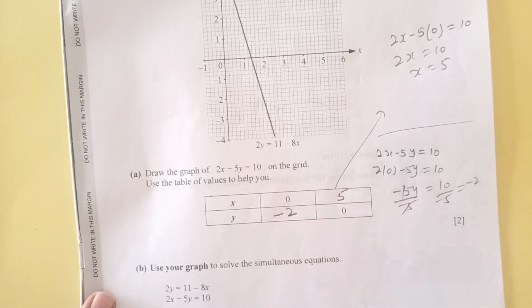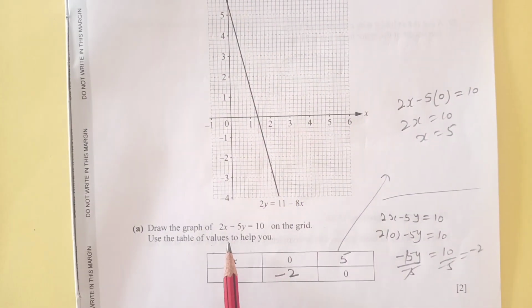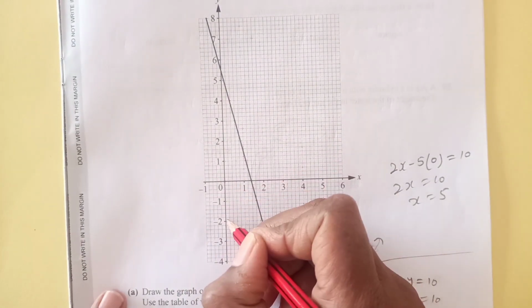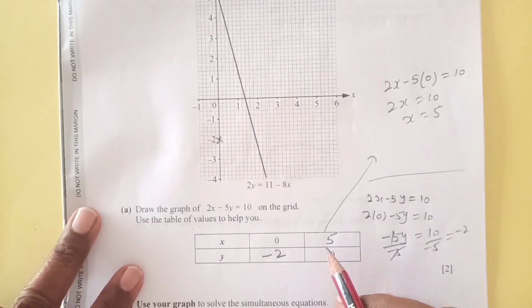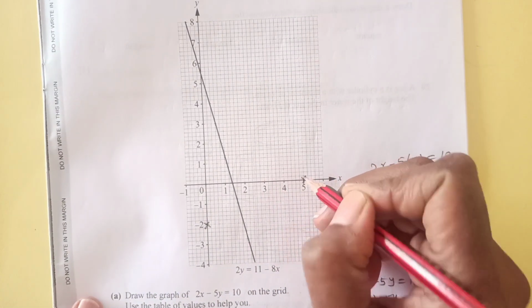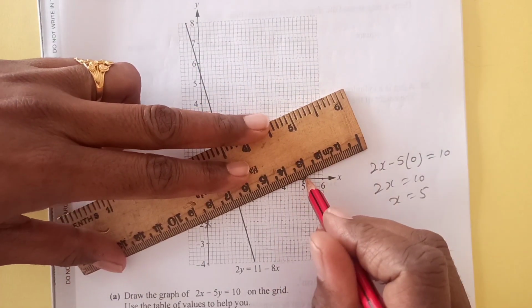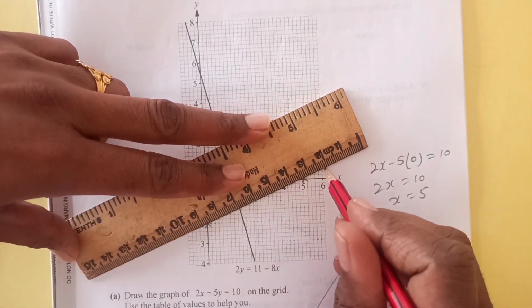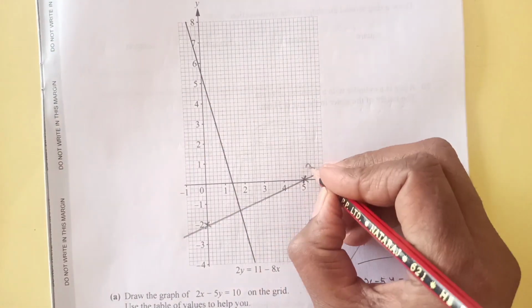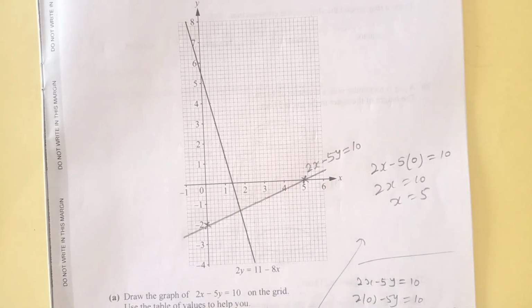Now on the same axis we are going to draw the graph: x 0, y negative 2 is here, and then x 5, y 0 is going to come over here. Now let's join them to make a straight line. So when we join this, our graph is going to be like this. So this is the graph of 2x minus 5y equals 10, right?